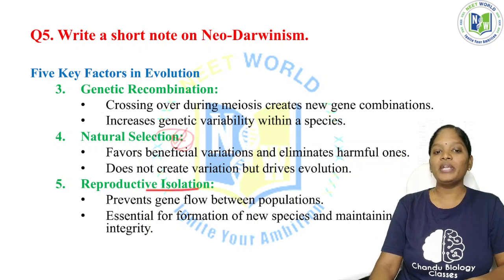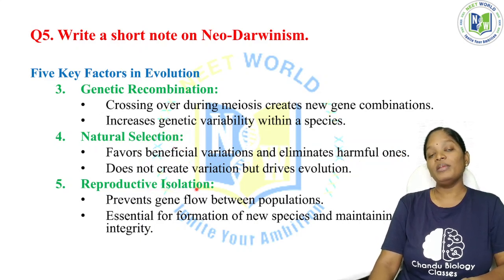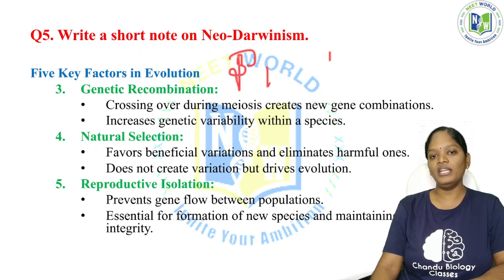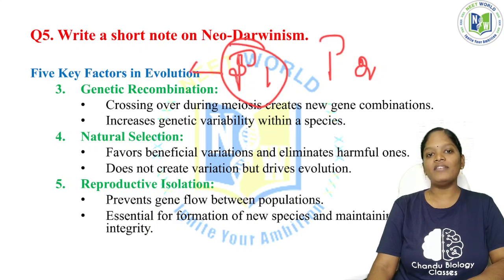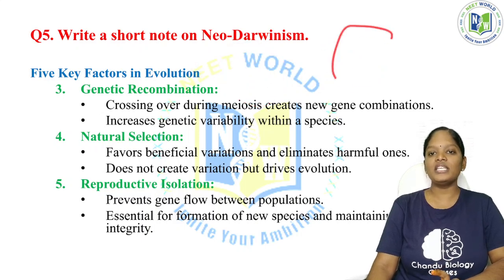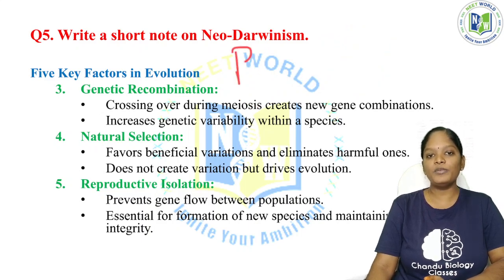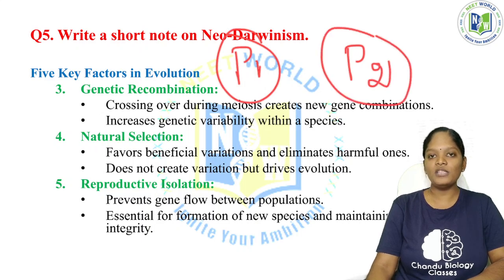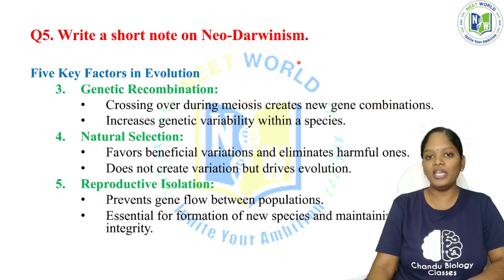Now, reproductive isolation. So what is meant by reproductive isolation? There is a population 1 and here it is a population 2. In this population they are all similar species, and in this population they are also similar species, but the species present in population 1 and the species present in population 2 are different. So this is what a reproductive isolation.